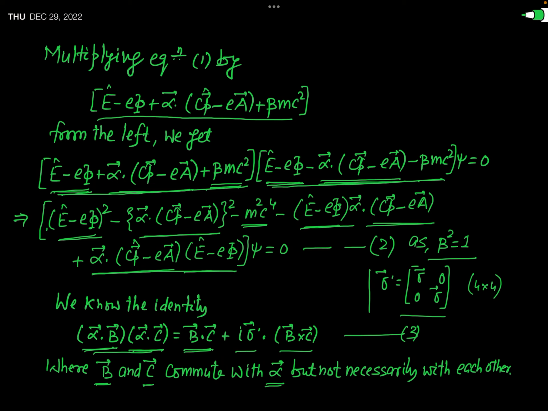We have simplified the term alpha dot (cp minus eA) whole square, and we have also simplified the last two operators.